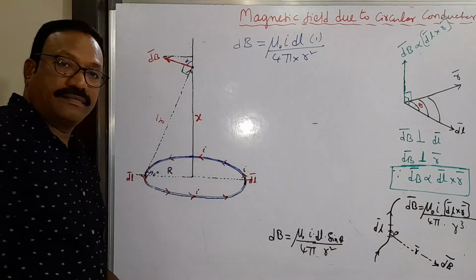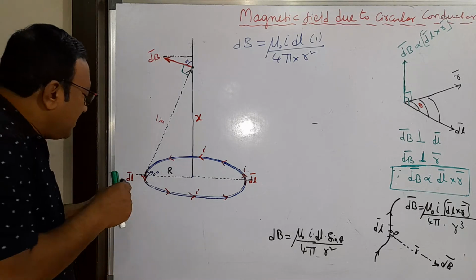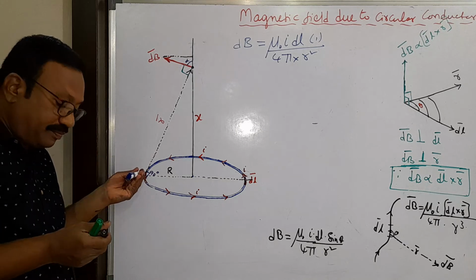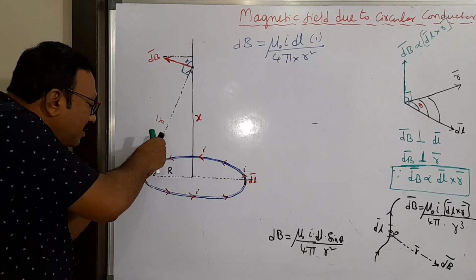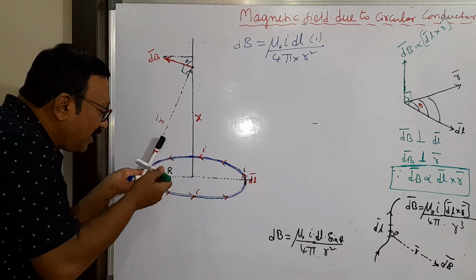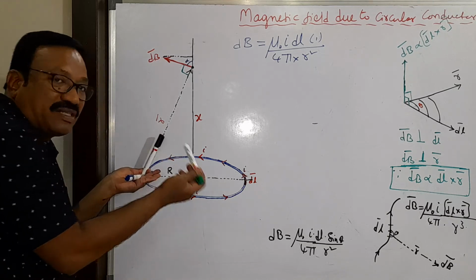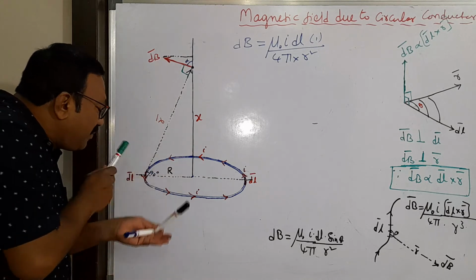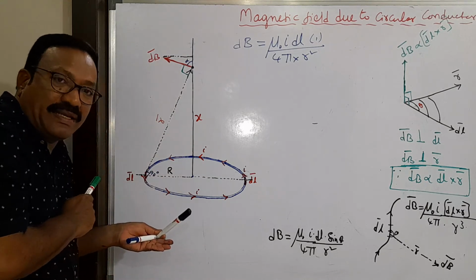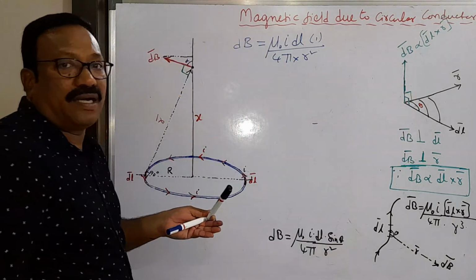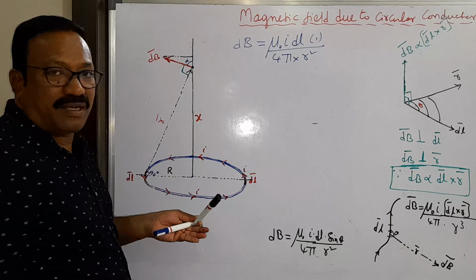Come here now. This is dL bar, outward. Say this is r bar. I was telling you the angle between dL bar and r bar was 90 degrees. Already I have substituted there. But I want the magnetic field direction due to this element dL. So magnetic field will be perpendicular to both dL and r, and in the direction of dL bar cross r bar.